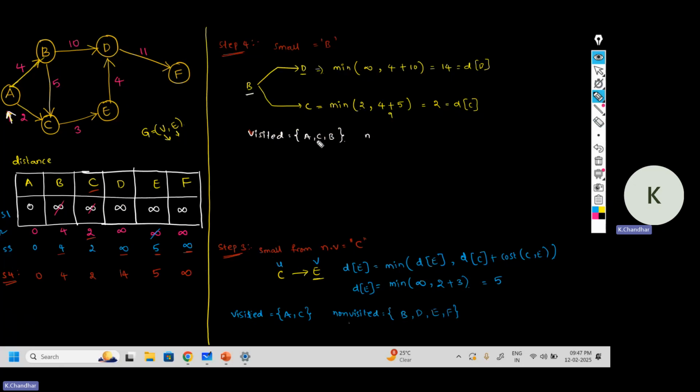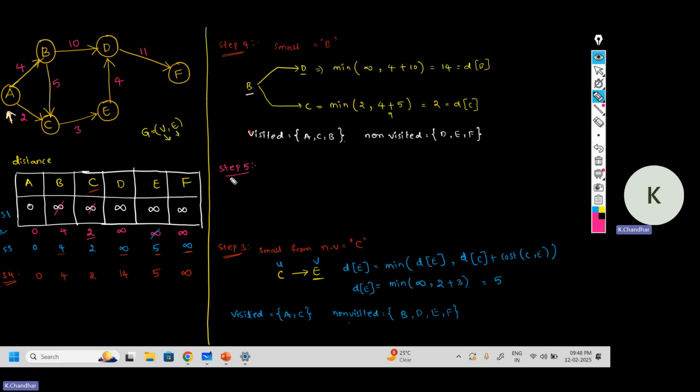Excluding this, the remaining vertices I need to write. So non-visited are D, E, F. So this is completed. Next, I will go to step number 5.